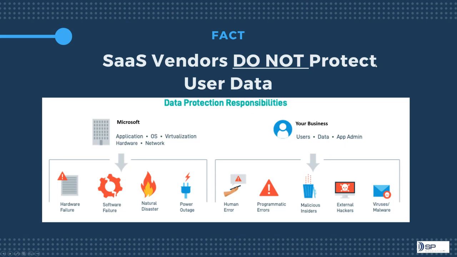So, software as a service. That's what the acronym SaaS stands for. One of the things that people think is that when you buy a software as a service product, vendors are looking after you. And look, that's not always the case.